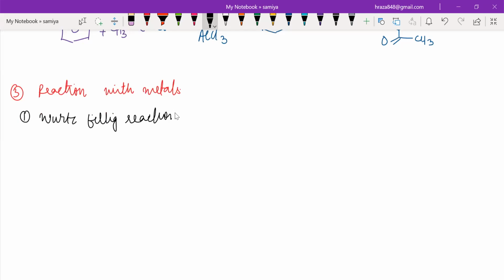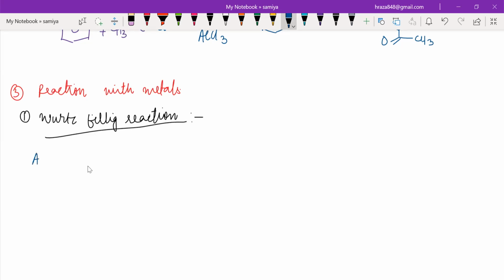You know, Wurtz reaction we have already done. Wurtz reaction means alkyl halide reacts with sodium in the presence of dry ether. And Wurtz-Fittig reaction is when alkyl halide and aryl halide, that means haloalkane and haloarene, react with sodium in the presence of dry ether.